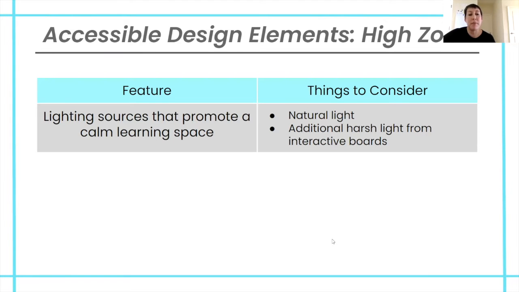I know in some classroom spaces, there's not a whole lot of natural light. At my school now, we actually have classrooms that are in interior halls, which means there is no window or natural light coming in.